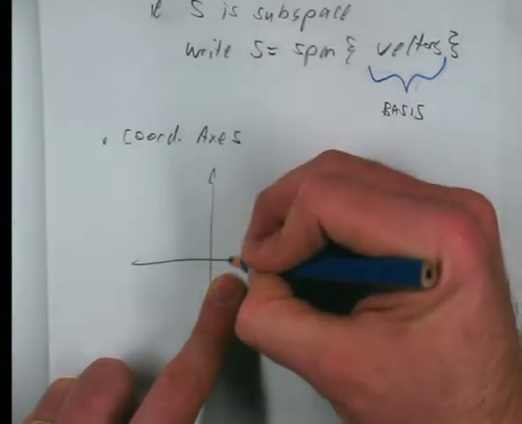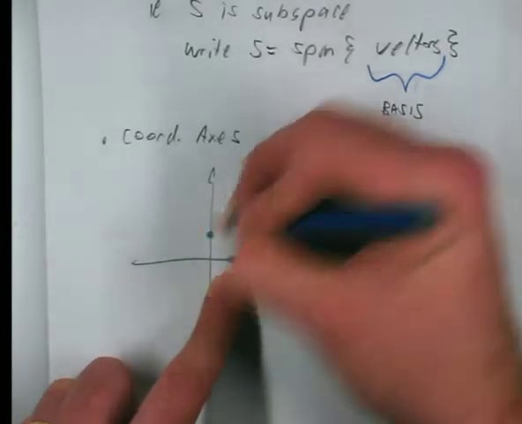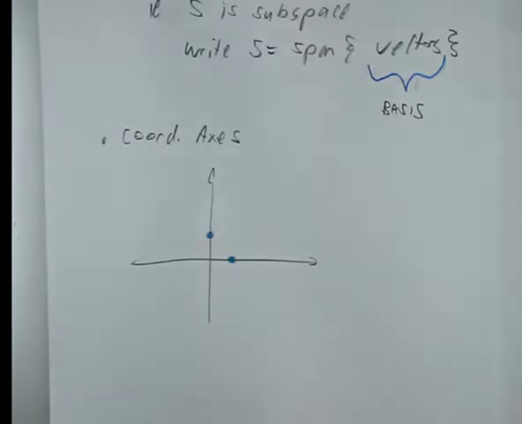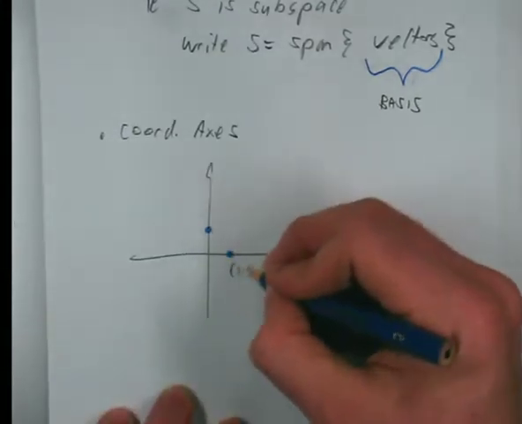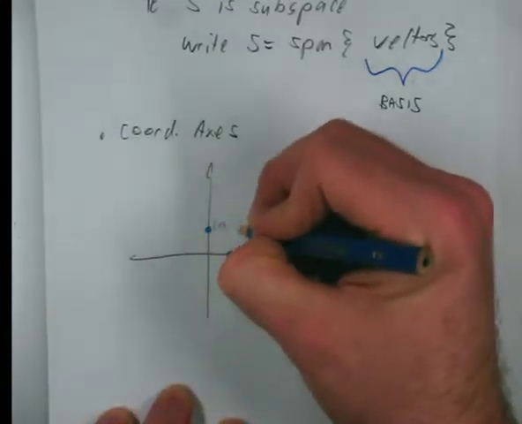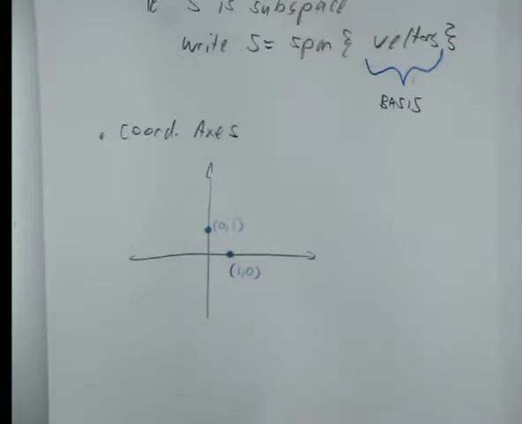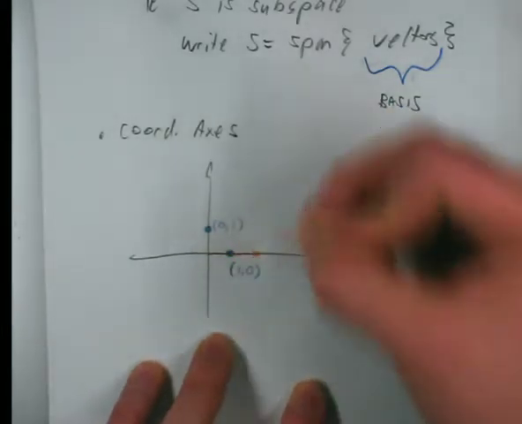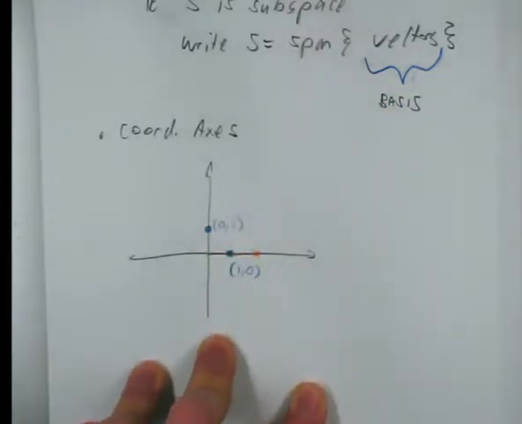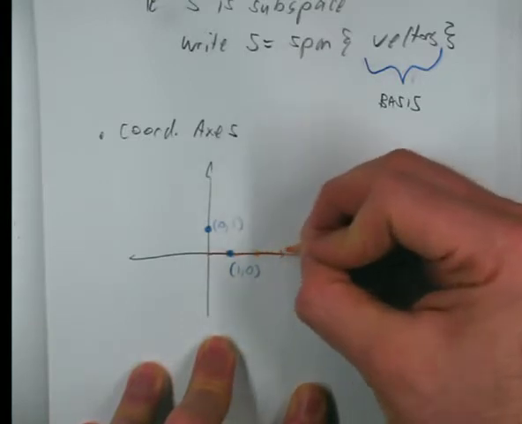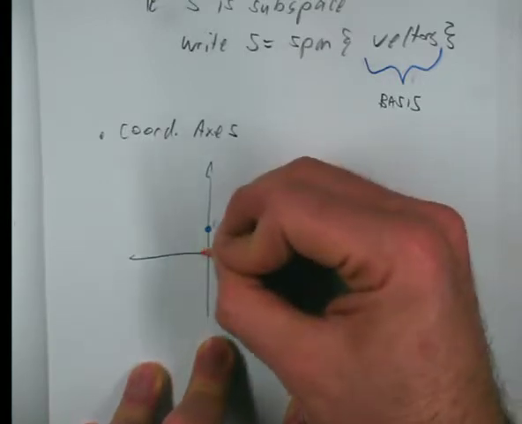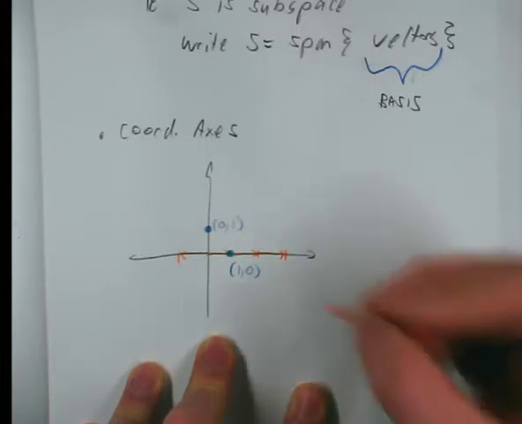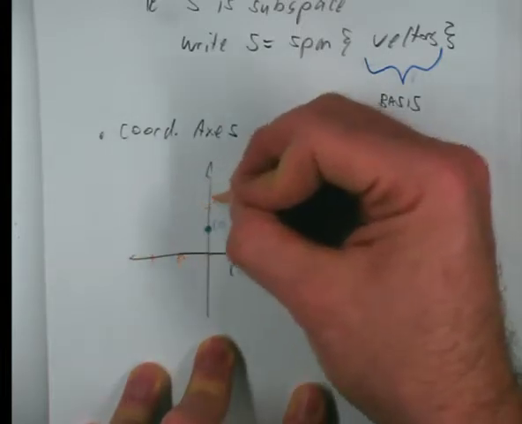So I could choose this point here and this point here, which would be (1, 0) and (0, 1). I can think of them as arrows so that I can add and scale them. If I do 2 of this, I'll be able to make the point (2, 0), and I can mark the point 2 on my axis. I can mark the point 3 by doing 3 of them, and minus 1 I could mark that point. I could mark all the points on my axes in both directions.